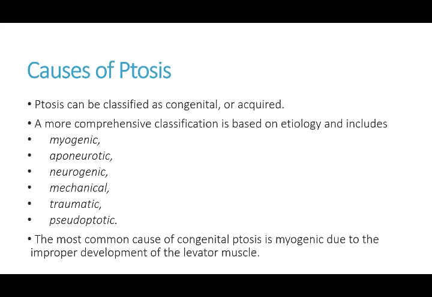Causes of ptosis can be classified as congenital or acquired. The more comprehensive classification is based on etiology and includes myogenic, aponeurotic, neurogenic, mechanical, traumatic, and pseudoptosis. The most common cause of congenital ptosis is myogenic due to the improper development of the levator muscle.